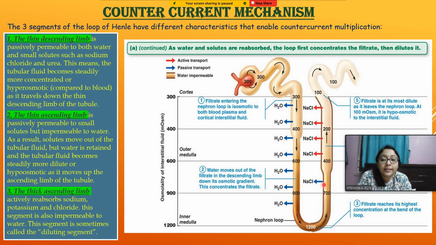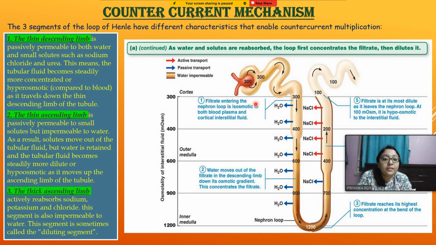The thin ascending limb is passively permeable to small solutes, but it is completely impermeable to water. Since it is impermeable to water, there is passive movement of sodium chloride ions from here, and then as it goes up in the thick ascending limb, there is active reabsorption of the sodium chloride ions. Here the urine is again becoming dilute. So this is a diluting segment.